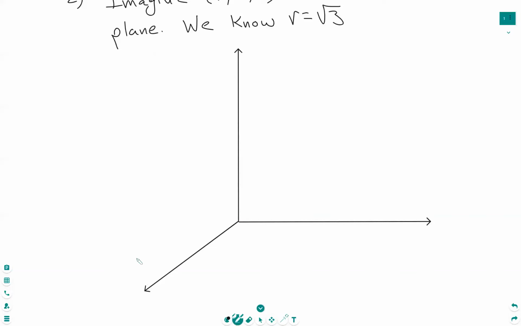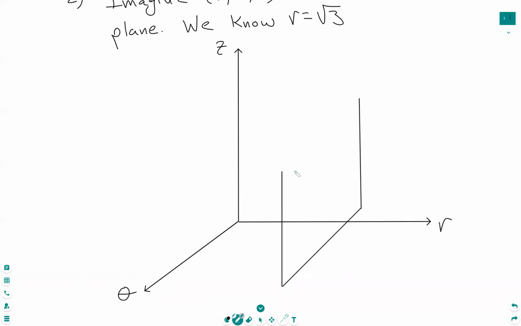So here we'll have a theta, r, and z coordinate system, kind of like Cartesian. At r equals root 3, I have my function here. And for any given theta, I draw its corresponding z value. For going from 0 to 2 pi, the bottom of it stays flat.